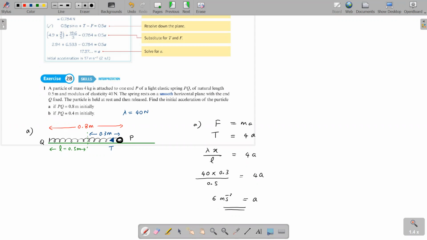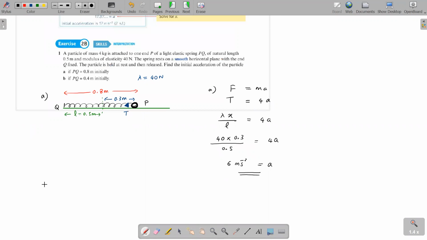Okay, so let's try part B. All right, moving to part B. They say find the initial acceleration if PQ is 0.4.